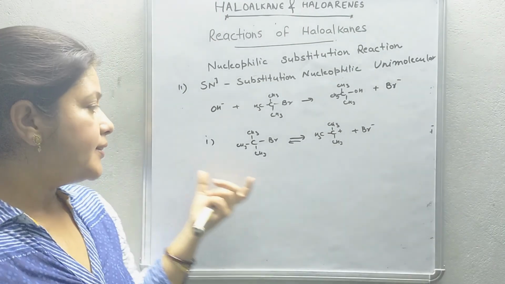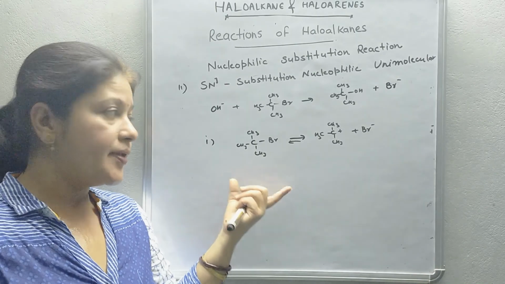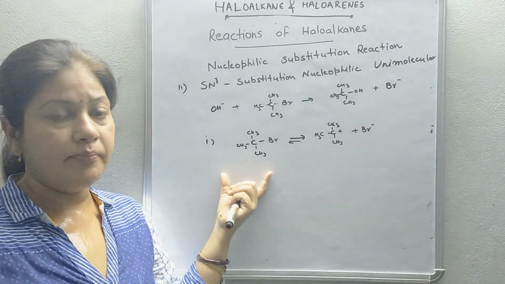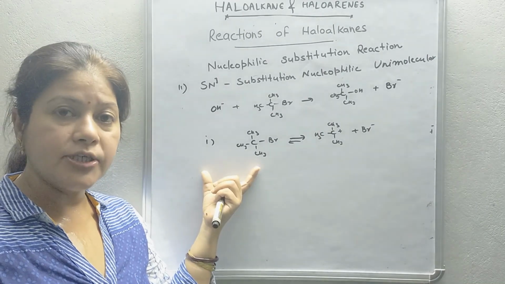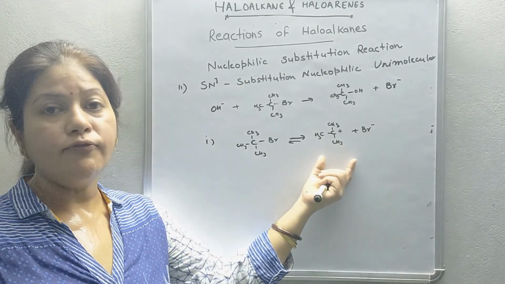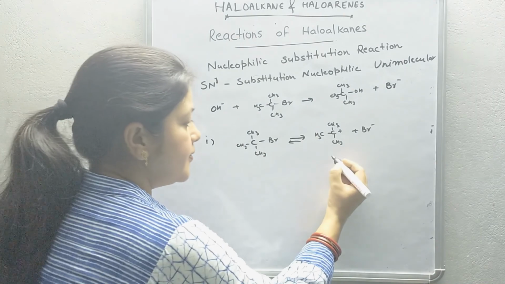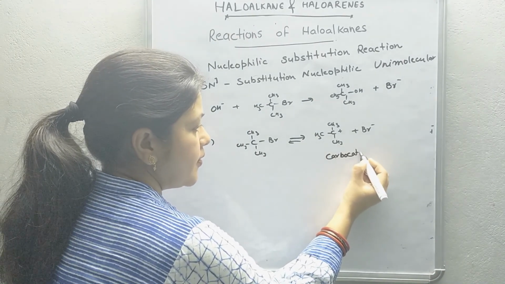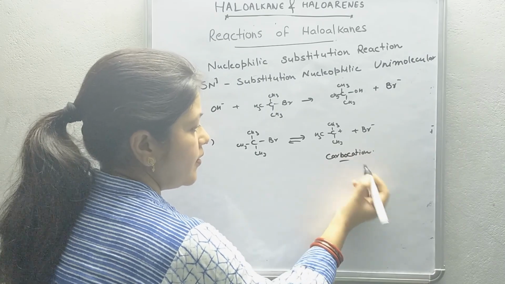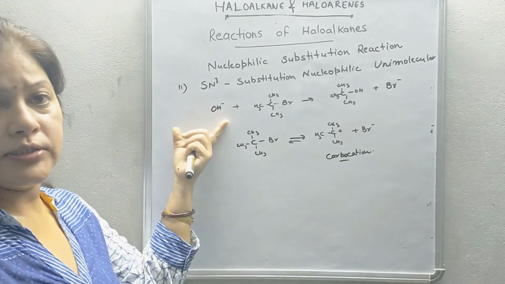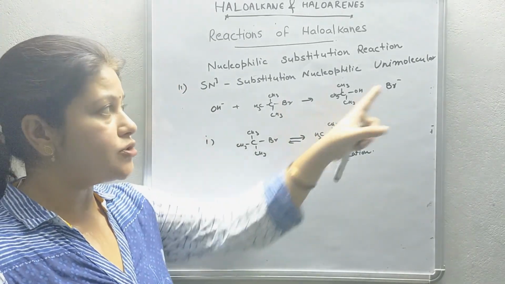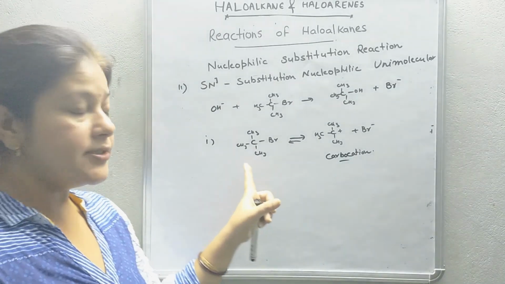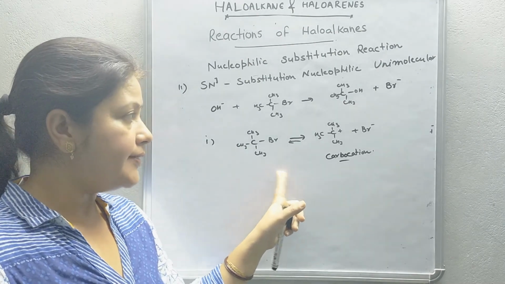Okay, this is the first step. It is a very slow step and rate determining step. So the reaction rate depends on only the formation of carbocation, not on the hydroxyl ion. So it is first order reaction, only depends on the concentration of butyl bromide.